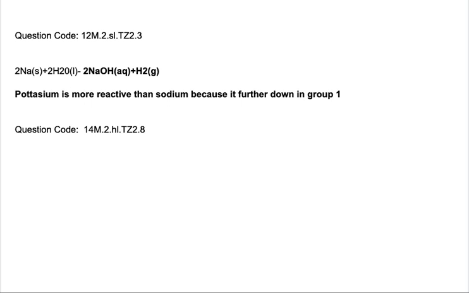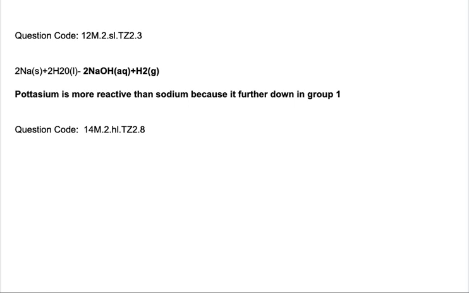You have to have experts around you, because when adding these two elements to water, they are very explosive, and you need to be very careful because they produce hydrogen instantly, which may ignite a fire.